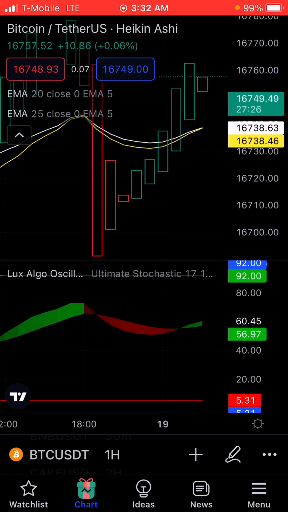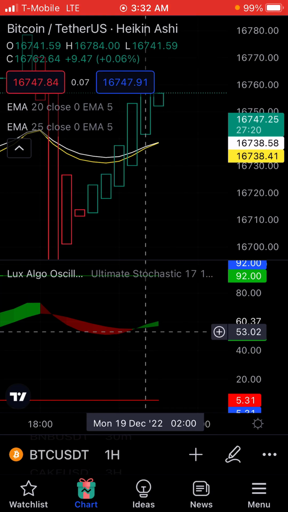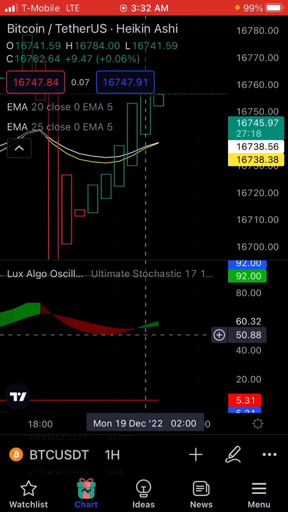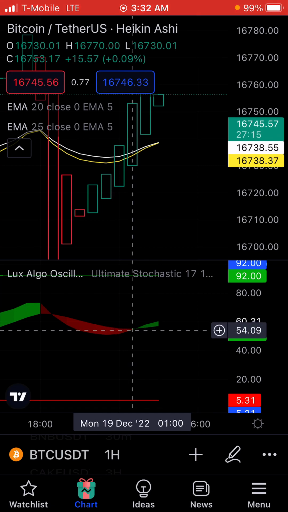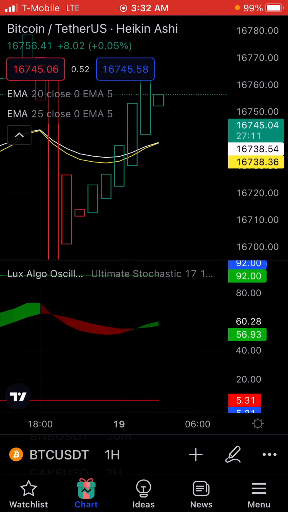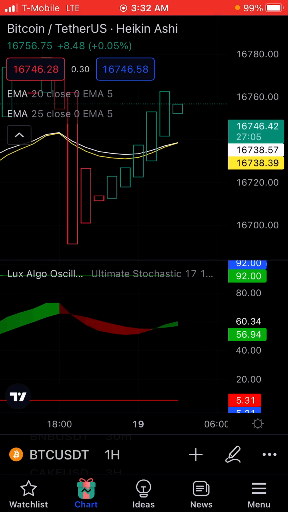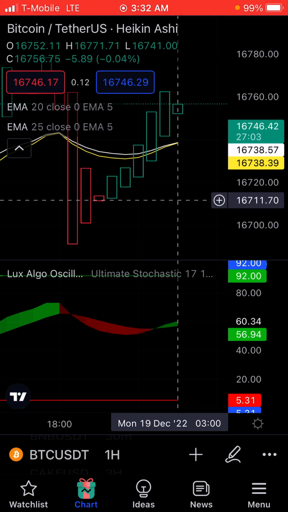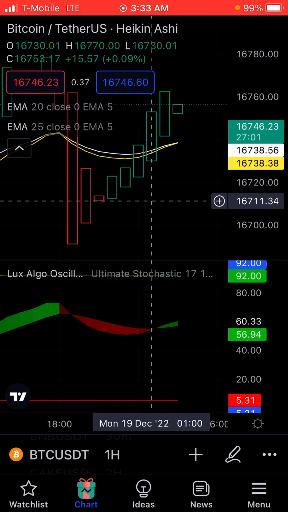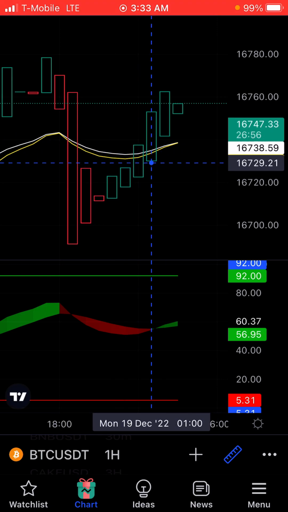What we can see right now is there is a trend. As I'm filming this, you can see that the Lux Algo Oscillator printed a little green line right here. That's what you have to look for when you want to make gains in day trading crypto, because you position it right here where the green starts.